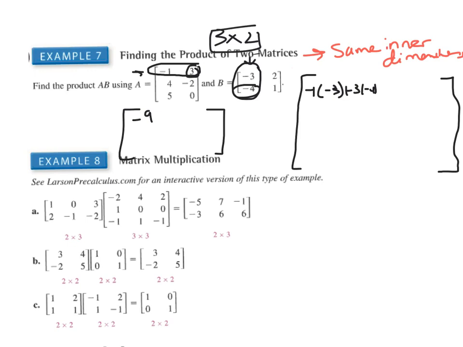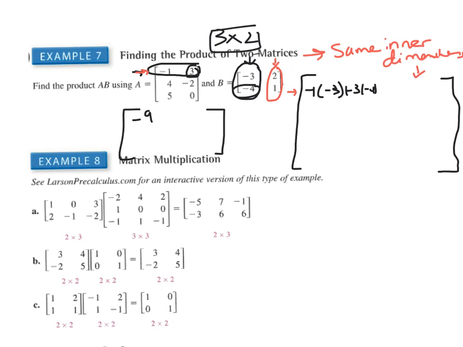Now let's do the first row, second column. So I'm going to do this in red, okay? That is going to give us this number. Again, first row, second column. So again, I'm going to look at my first row for my first matrix, second column for my second matrix. Again, it's always row by column.